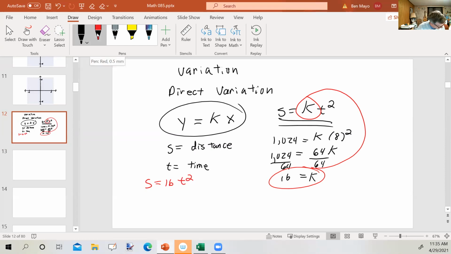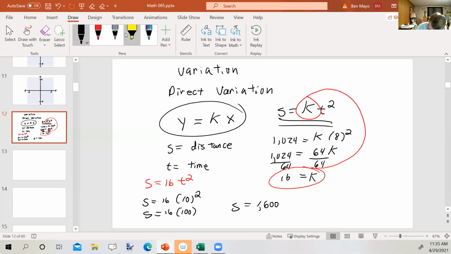Now we have a follow-up question. It says, if an object falls 1,024 feet in 8 seconds, we already dealt with that, how far will it fall in 10 seconds? So now what we've got is S equals 16 times 10 squared. So S equals 16 times 100, or S equals 1600, and that is feet.